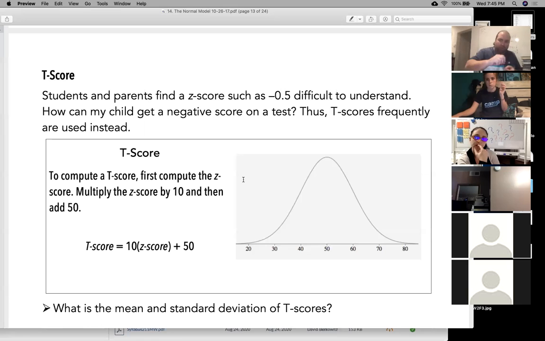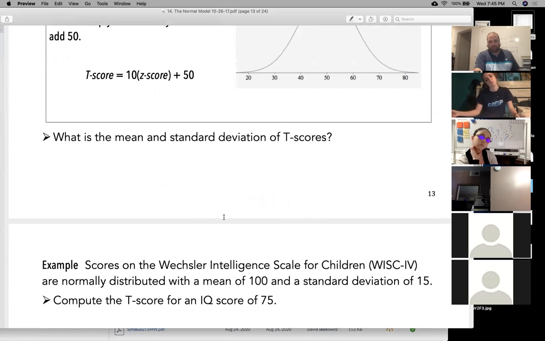T-score via this formula, raw data via the formula above, and percentile via the chart or the computer or the calculator. If you want to get from any one of those to any other one, go through the z-score. Don't say, I have my t-score, let me calculate my raw data. No, go first to z and then maneuver through until you get to your raw data.